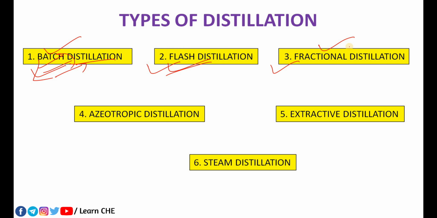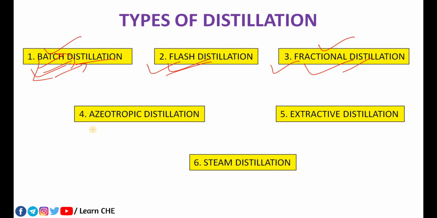Suppose this is our atmospheric distillation unit, then we send our residue into the vacuum distillation unit. So in fractional distillation we get multiple fractions from the mixture of crude oil. So this is our fractional distillation.